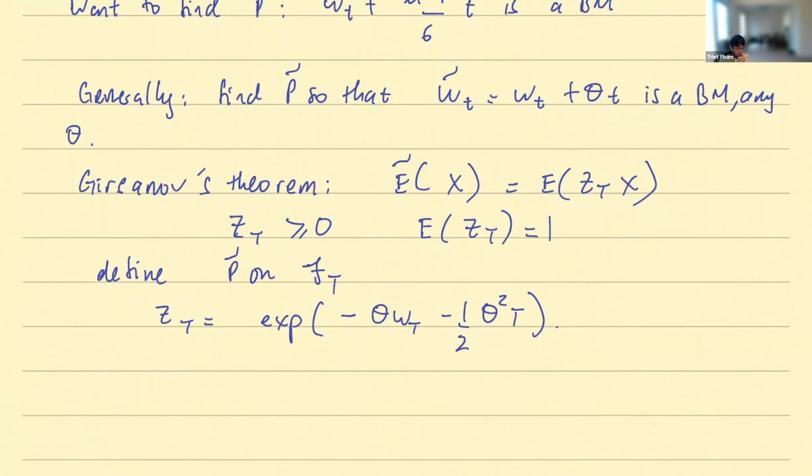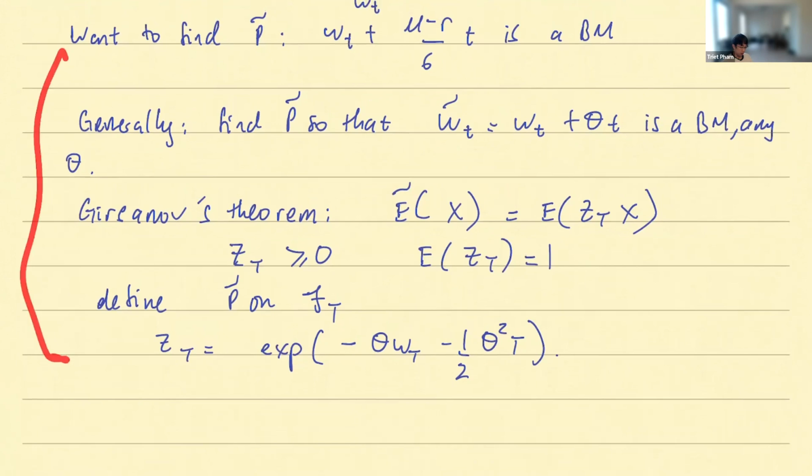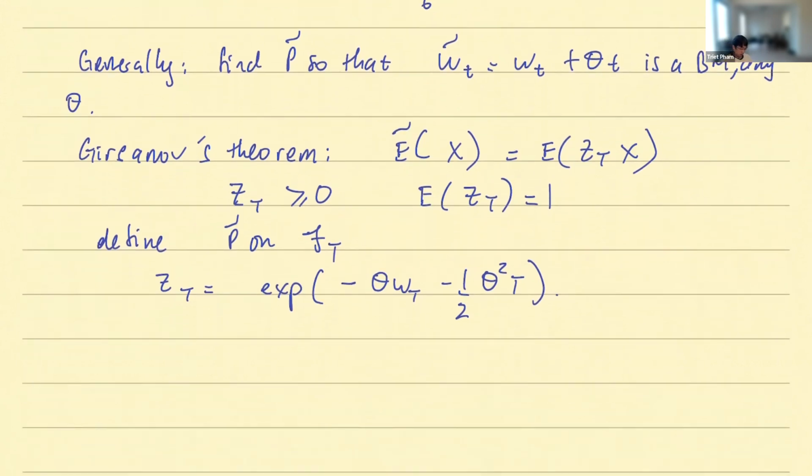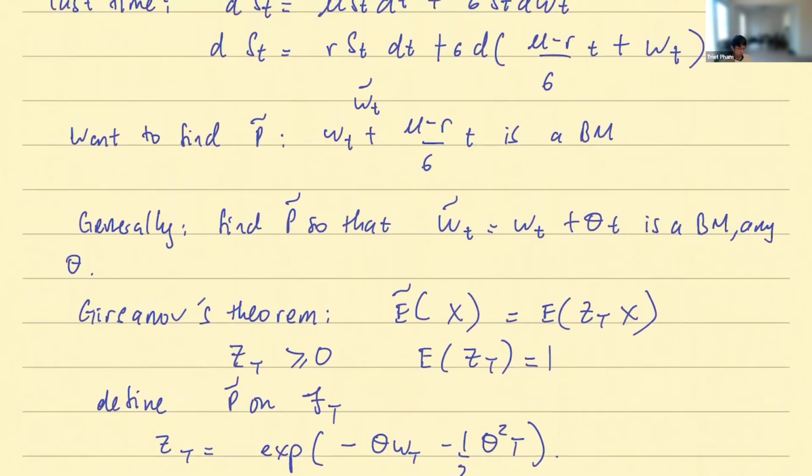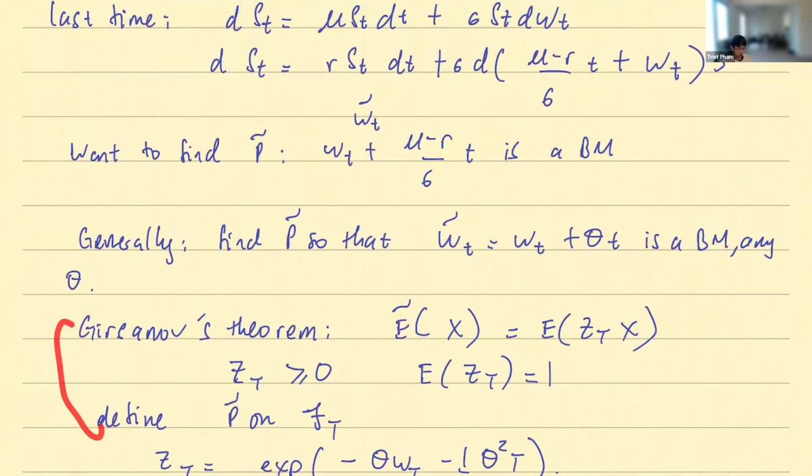So we'll spend some time trying to explore why this is true mathematically. There are many details to come up. The first one is some kind of connection between P and P tilde. It will come out of Girsanov's theorem as well.